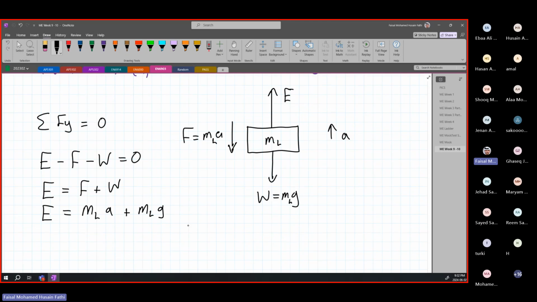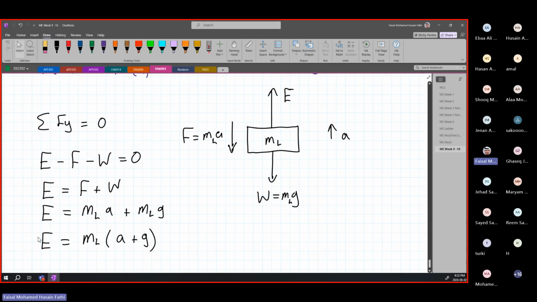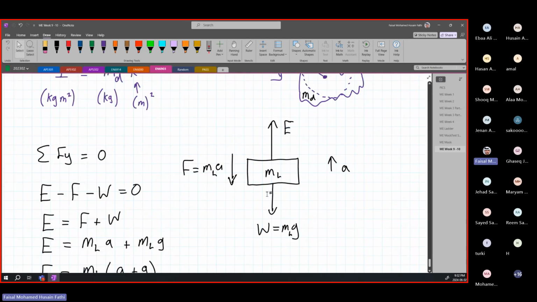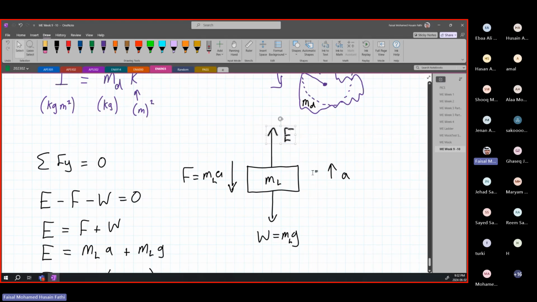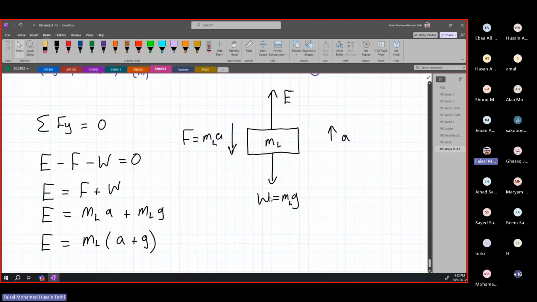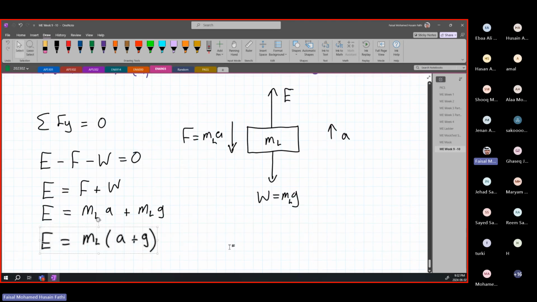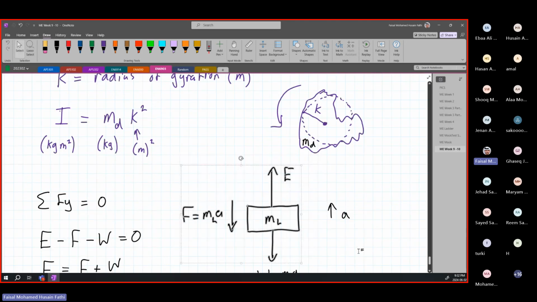So you can take ML common if you like to keep your equation as this: acceleration plus gravity. This is the total force, or the tension force in the wire or the pulley or the chain or whatever, due to the mass of this load and due to the acceleration of this load as well. So this is our E when we are looking at it from the perspective of the body.